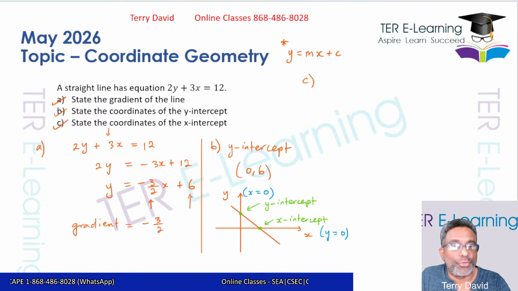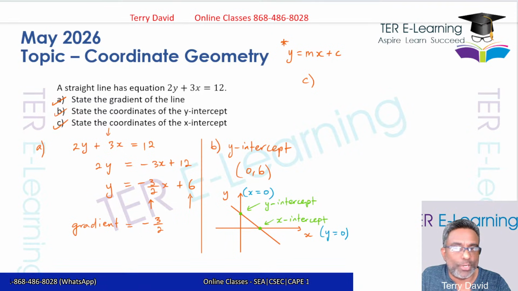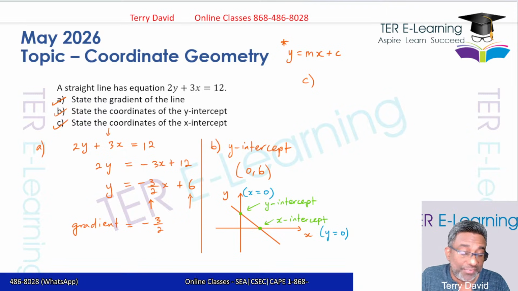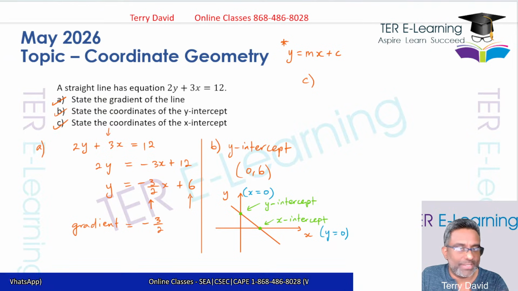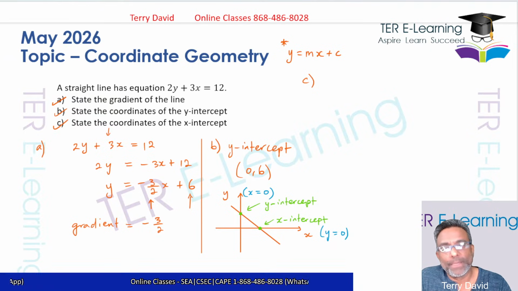So you could be asked to find the x-intercept or the y-intercept. CSEC can give us a graph and you look at the graph and work it out. Or in this case, I just give you the equation. So I want to work out the coordinates of the x-intercept. Where does it cut the x-axis?